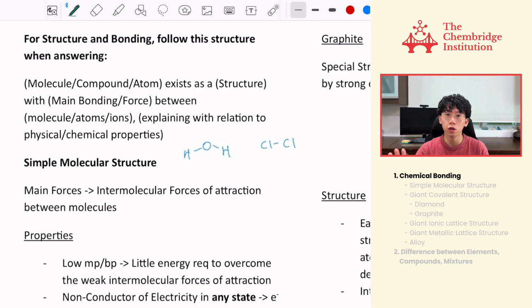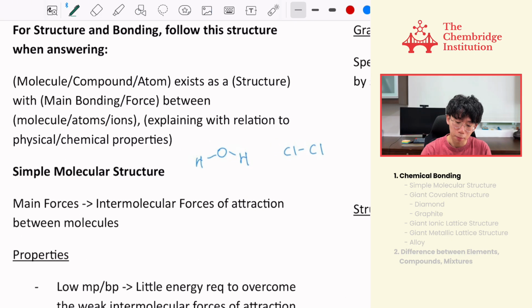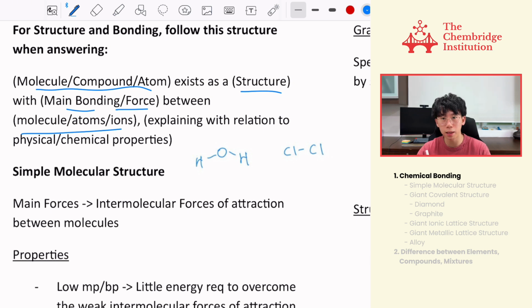All you have to do is follow this answering technique: the molecule or compound or atom exists as what structure with what main bonding or force, and this is between what molecules or atoms or ions, so be specific. Then you proceed to explain, using this structure and bonding, how this relates to the physical or chemical property in question.